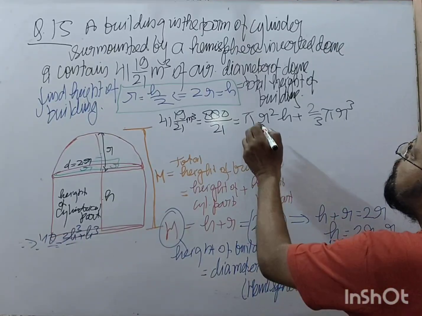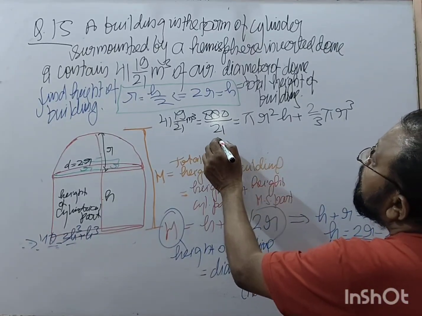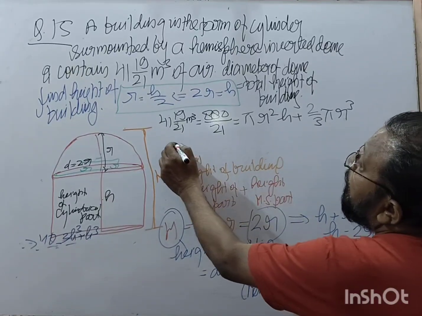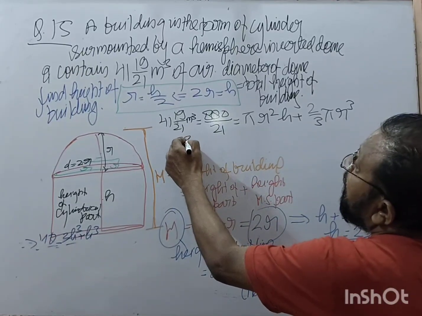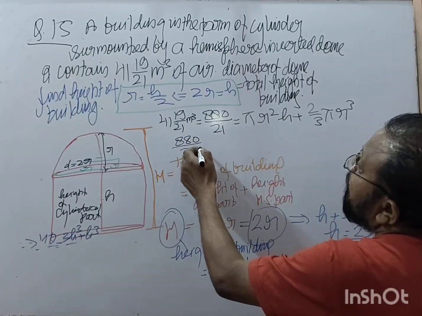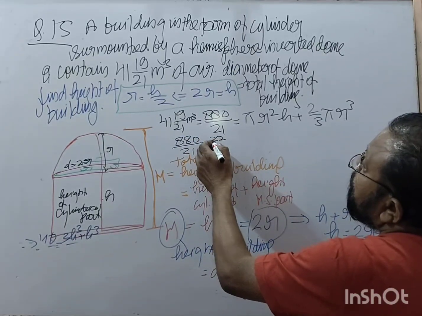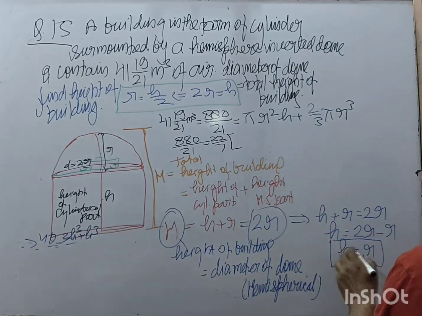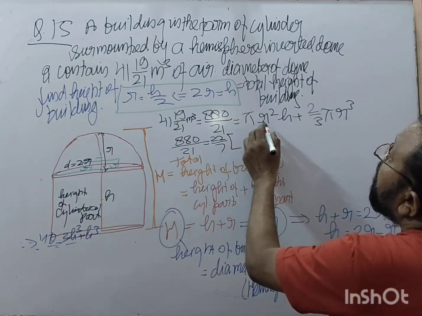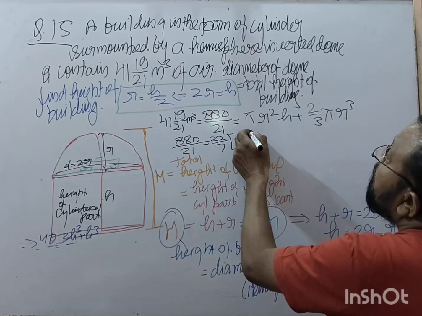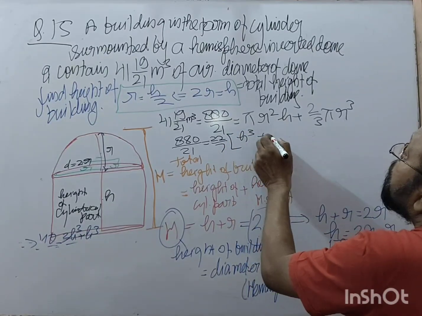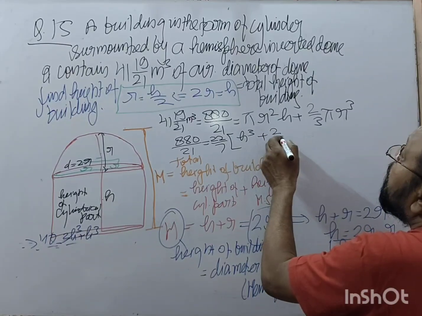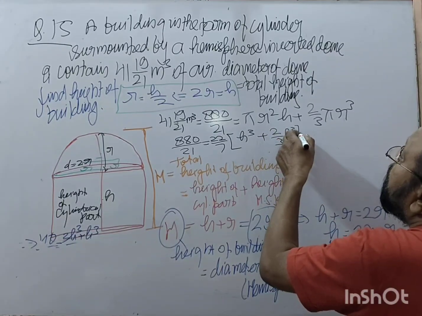So 880 upon 21 is equal to 22 upon 7 times h cube plus 2 by 3 h cube.